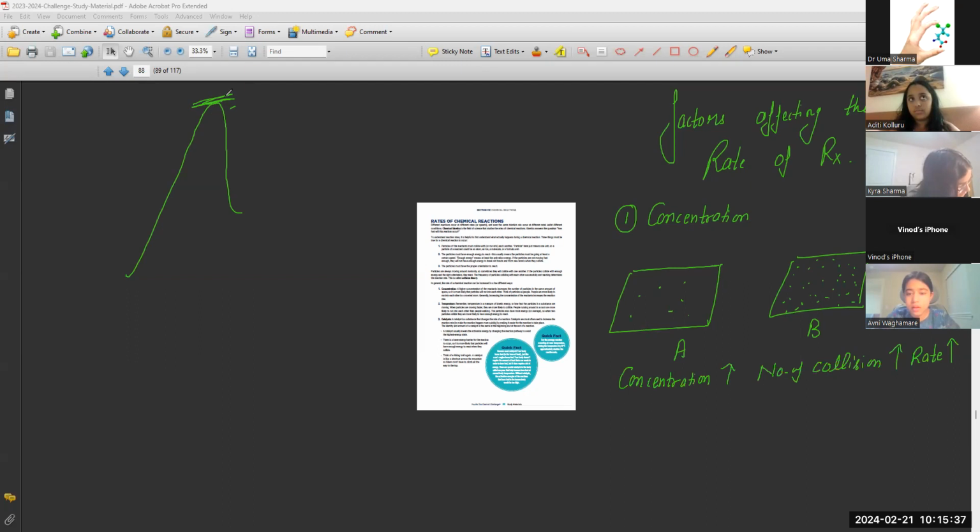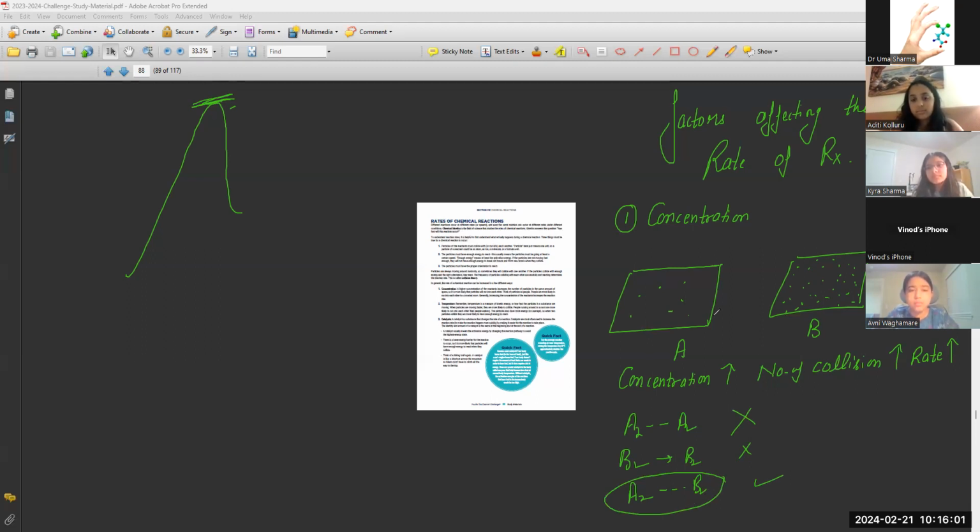Then how is this increasing the rate? Remember, I was writing effective collisions and ineffective collisions. A2 colliding with A2, not effective. B2 colliding with B2, not effective. But if A2 is colliding with B2, yes, effective. So if these collisions are more, then the rate is faster, isn't it?